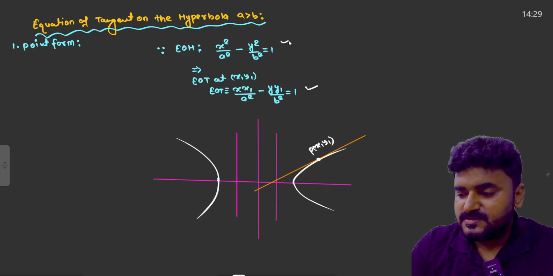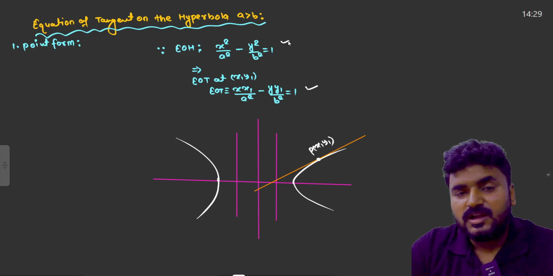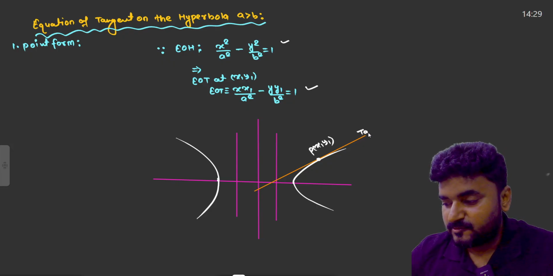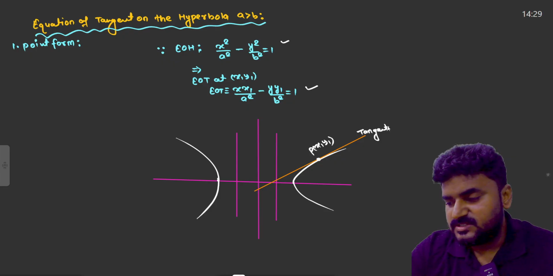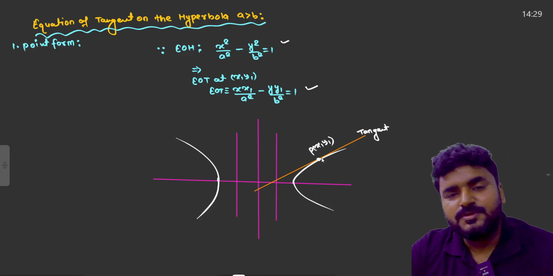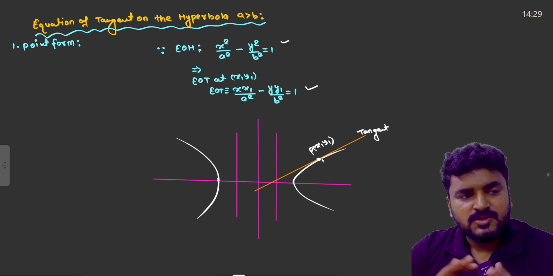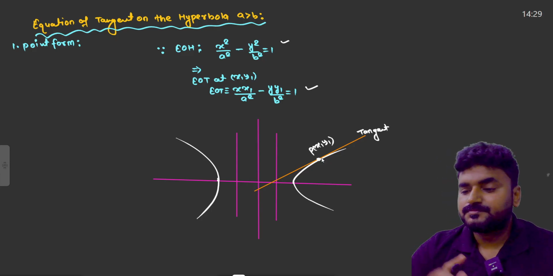First I will differentiate this hyperbola and get dy by dx, which is the slope of the tangent. Once you have the slope, you can find the equation of the tangent at the point P (x1, y1), which you have done in the topic of application of derivatives. So from that method also you can find the equation of the tangent.